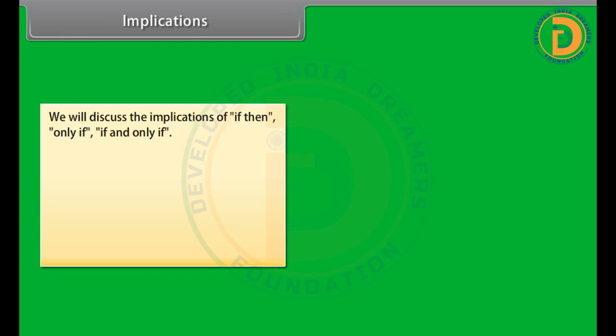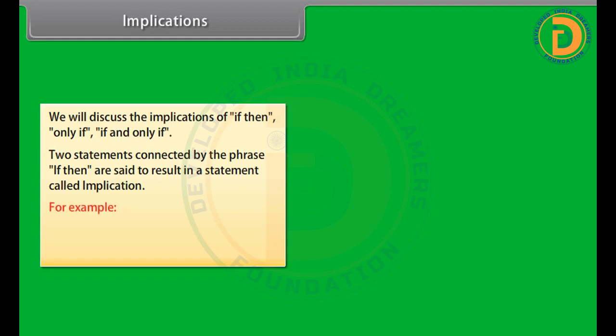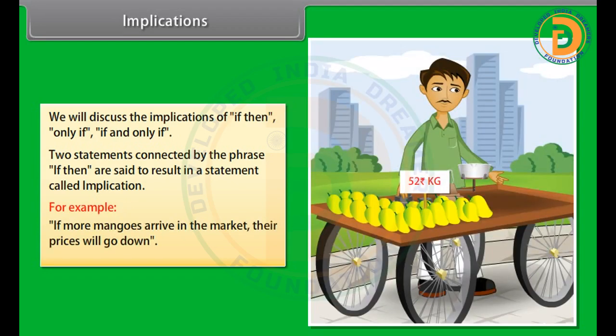Implications. We will discuss the implications: if-then, only if, and if and only if. Two statements connected by the phrase if-then are said to result in a statement called implication. For example, if more mangoes arrive in the market, their prices will go down.